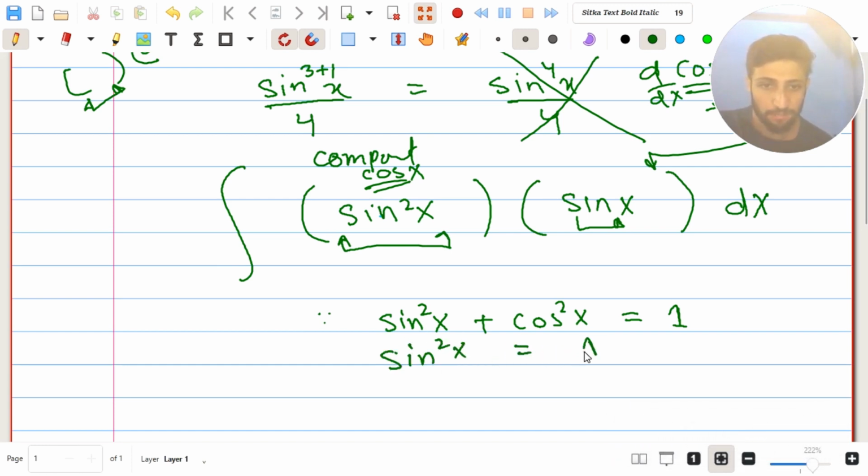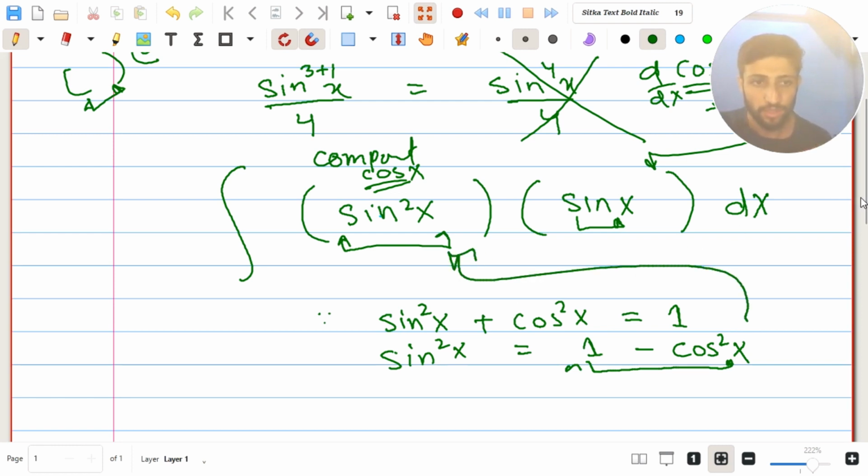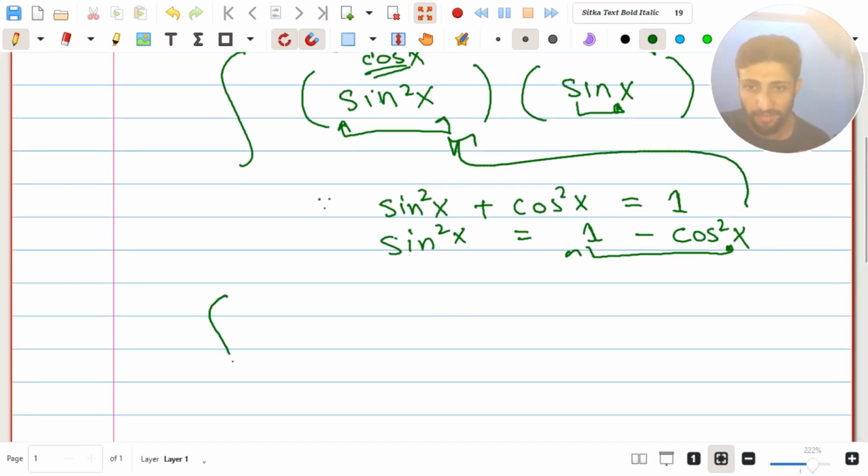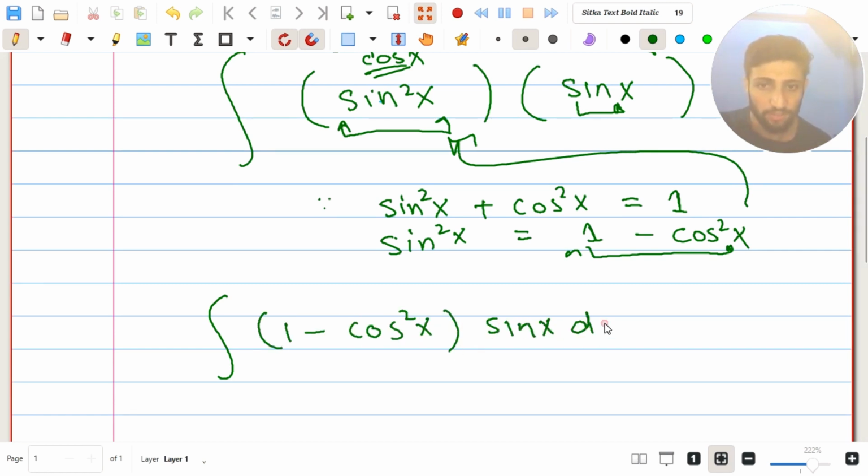Sin squared x is equal to 1 minus cos squared x. So you just need to plug in the value of sin squared x in this integral, and I will get the integral of 1 minus cos squared x into sin of x dx.